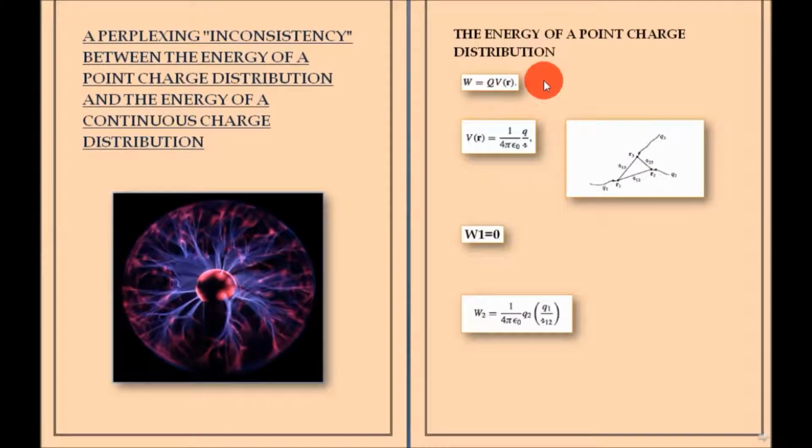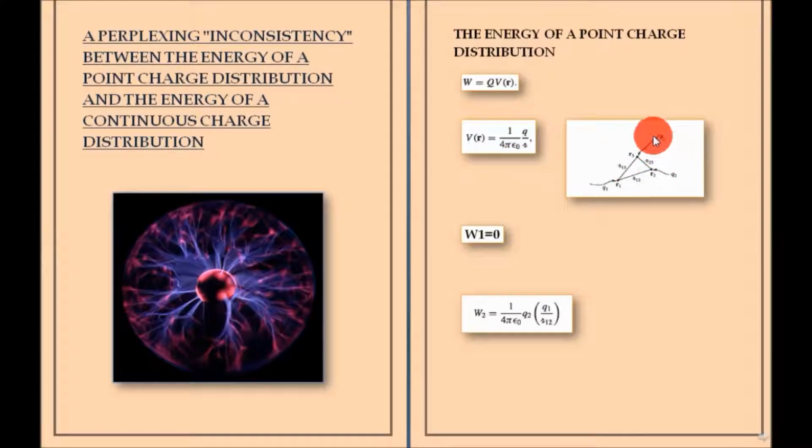If I ask you what is the total amount of work required in order to assemble 4 charges at a place, you will definitely use this formula, which says work done equals charge times the potential. As you all know, potential is given by this expression. You will assemble the 4 charges one by one.